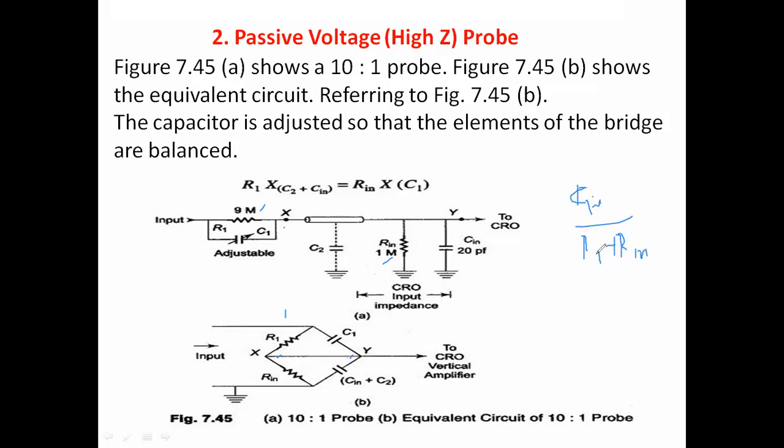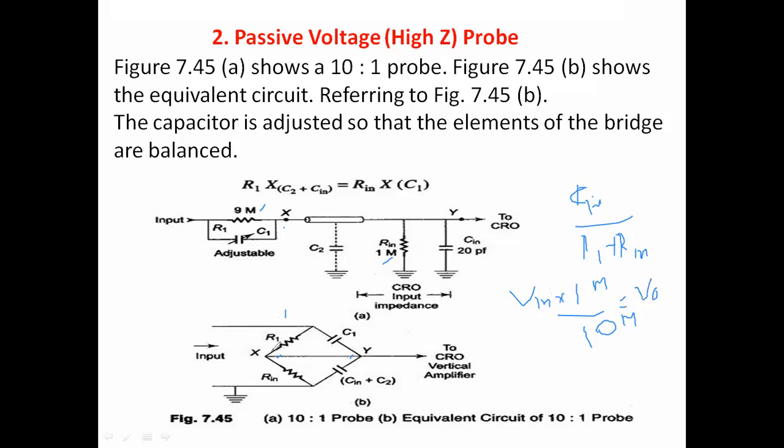Rin is 1 mega ohm and the total resistance is 10 mega ohms, so V in into 1 mega ohm by the total resistance. That becomes 1 by 10, which is equal to V out.